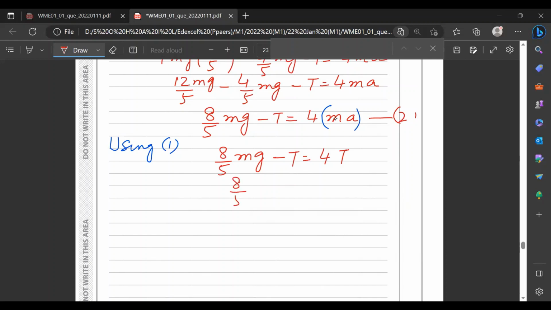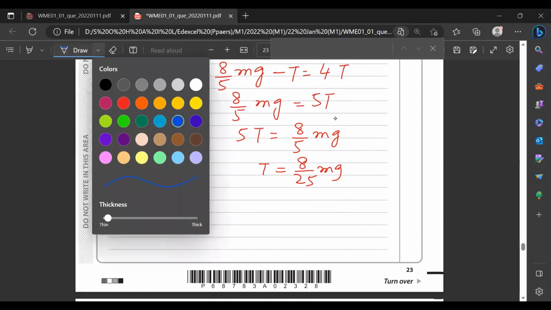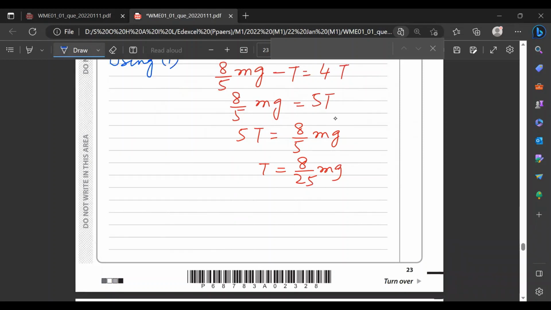So 8 over 5 mg is equal to 5T, and further, 5T is equal to 8 over 5 mg, or T is equal to 8 over 25 mg. This is the value of the tension in the string. Tension in the string is 8 over 25 mg.